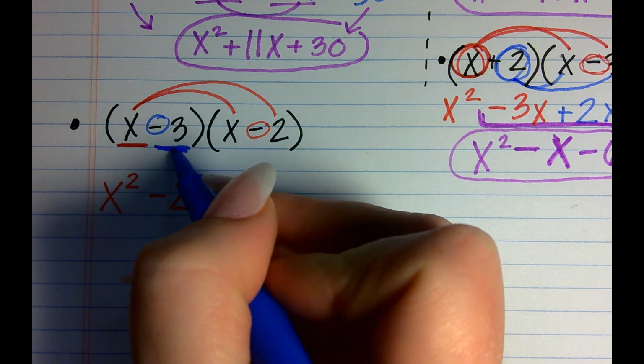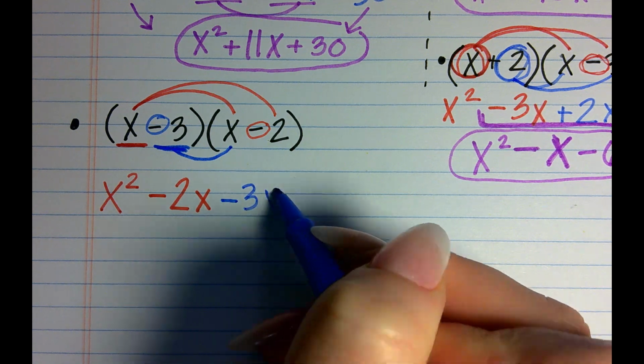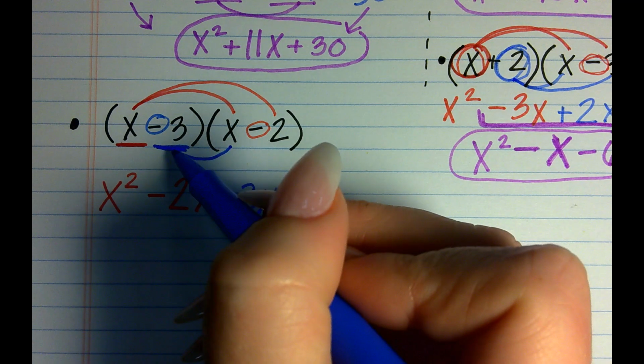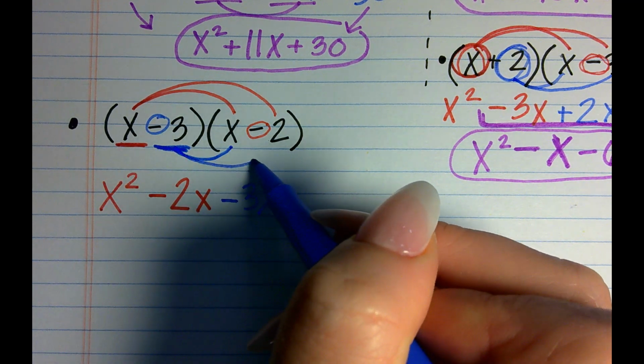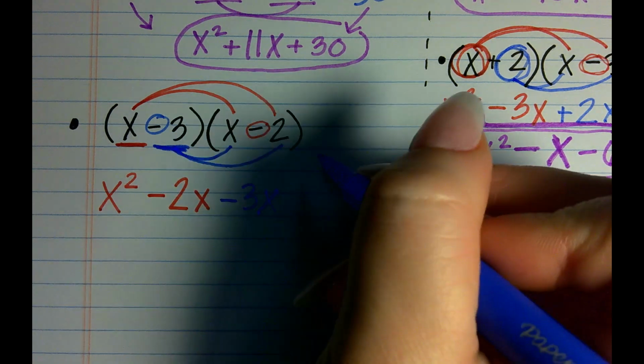So negative 3 times x gives us negative 3x. And last but not least, my last terms: negative 3 times negative 2, which gives us positive 6.